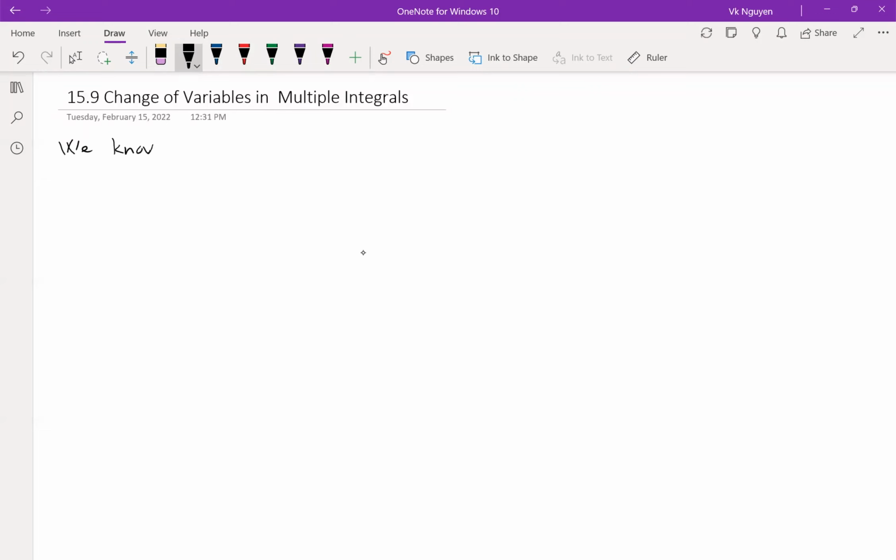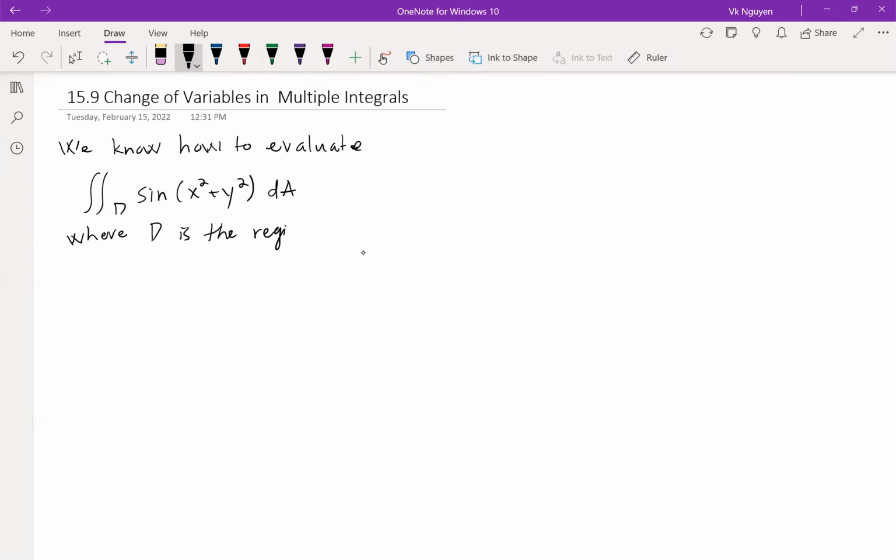We know how to evaluate a double integral over the region D of sine of x squared plus y squared dA, where D is the region bounded by x squared plus y squared equal 1.